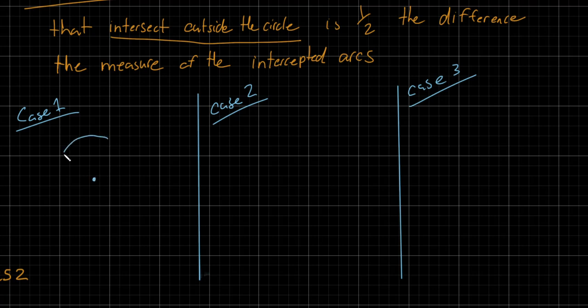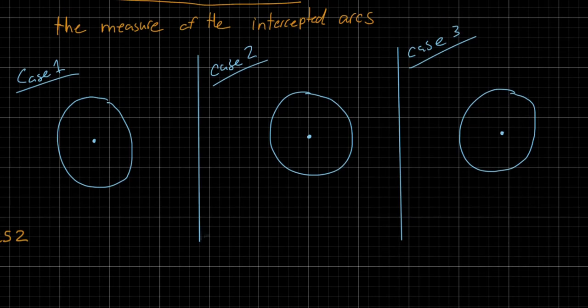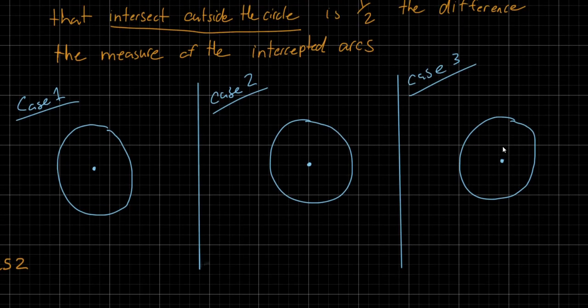Is anyone thinking of a picture in their head right now of 2 lines that are intersecting outside of the circle? Does anyone have a picture in their head of this? Nobody? Okay, I want you to draw 2 secant lines meeting outside the circle. That's going to be our first case.